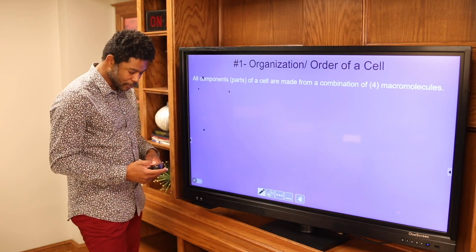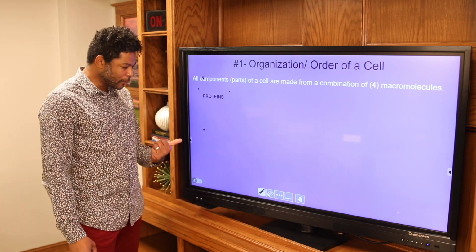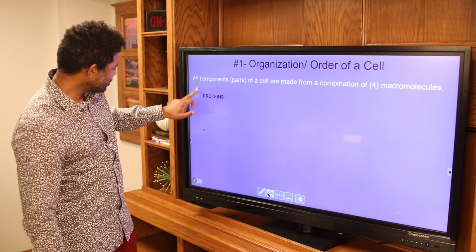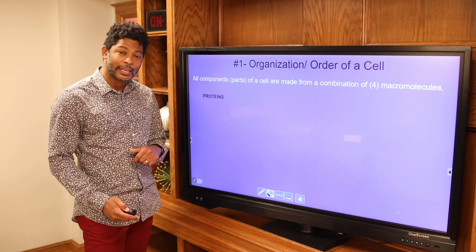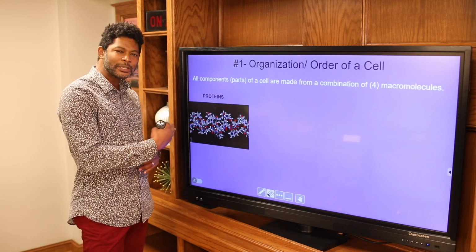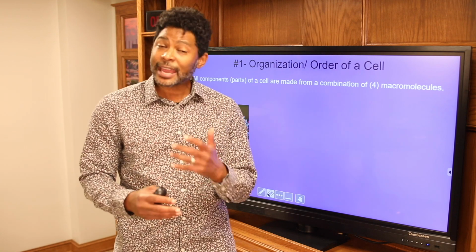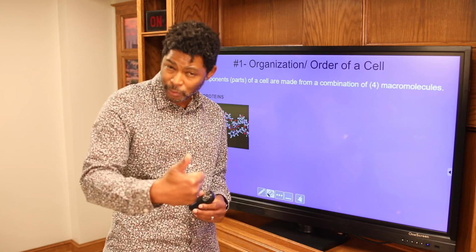So let's start with the first one. It's easy. Proteins. When we talk about proteins, understand that proteins are very complex molecules. They actually come in 4 varieties. You have a primary, or very simple protein.